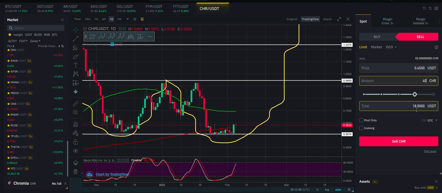So you spend $20 to buy Chromium at 0.50, you got 40 Chromium, and the reason why you bought it, you thought it would go up so that you make profit, but the reason has been invalidated and the trade is going against you. So you are coming out at a stop loss. If you execute here, just click sell Chromium.